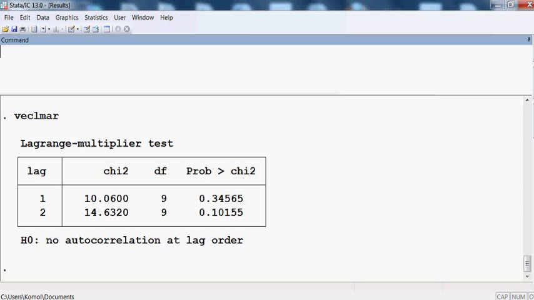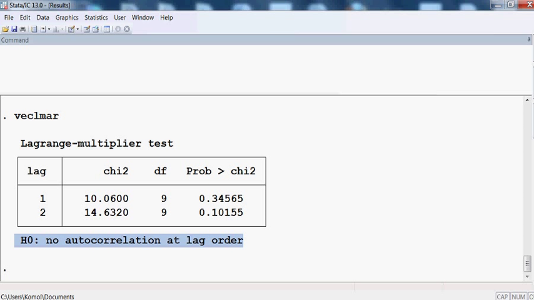It's coming up. Okay, here is the Lagrange multiplier test, lag 1, lag 2, right? And the null hypothesis is there is no autocorrelation at lag order, right? But here at lag 1, the p-value is 34.56%, meaning that I cannot reject the null hypothesis.